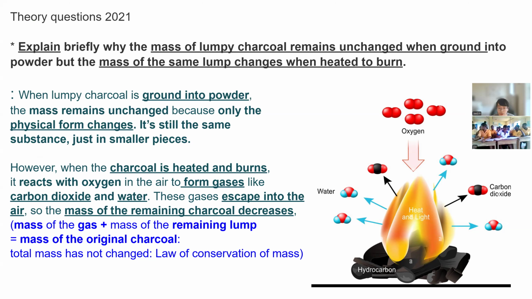So if we burn the charcoal, the mass of the lump changes because some of it is released as water or carbon dioxide. That is why the original mass of charcoal might be a little less.